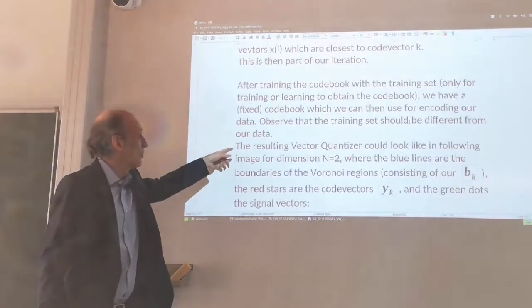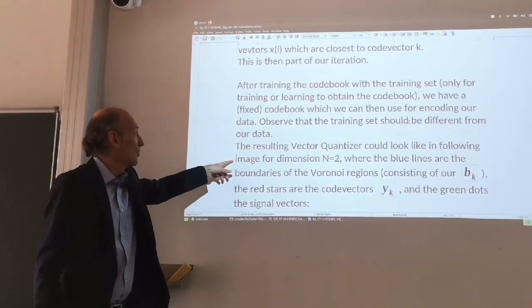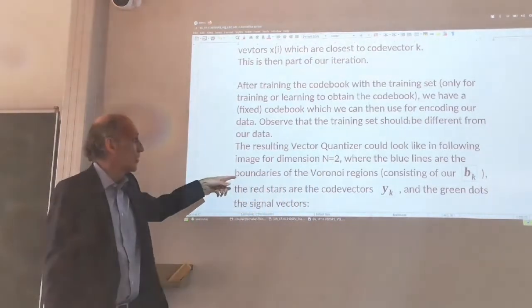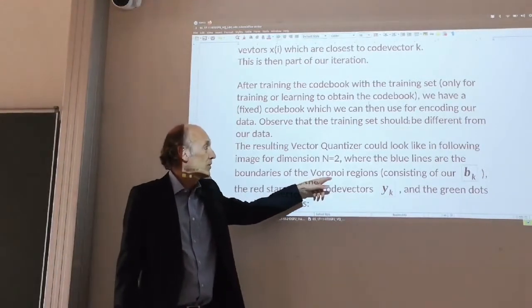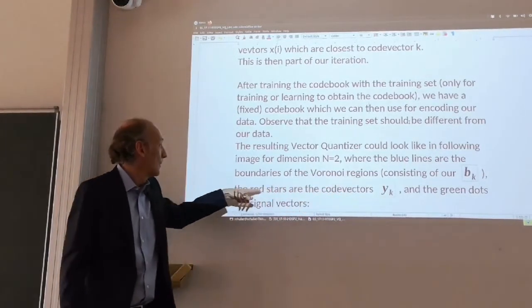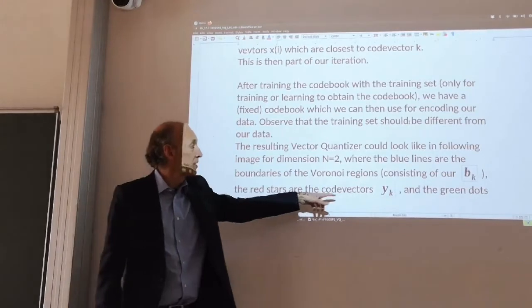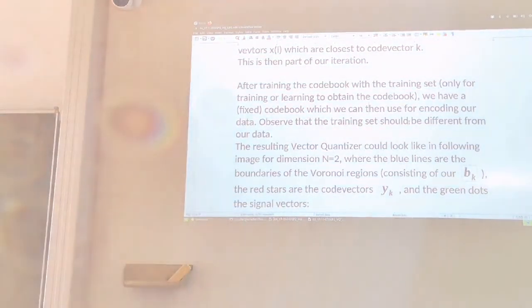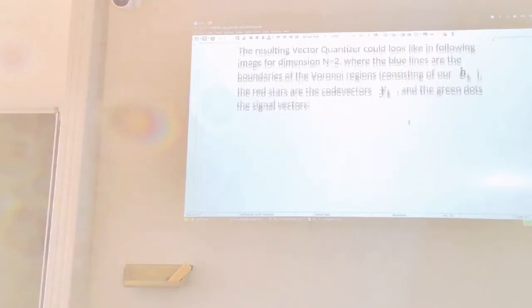So the resulting vector quantizer could look like in the following image for dimension n equals 2, where the blue lines are the boundary for the Voronoi regions, consisting of our bk, and the red stars are the code vectors yk, and the green dots the signal vectors. So this is now a graphical illustration.